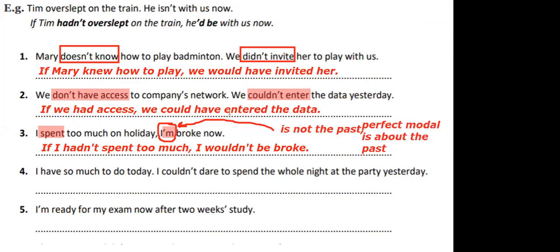Right? So if it's not the past, then I'm not using a perfect model. I'm using the modal and infinitive. But why in negative? Why am I doing it in negative?